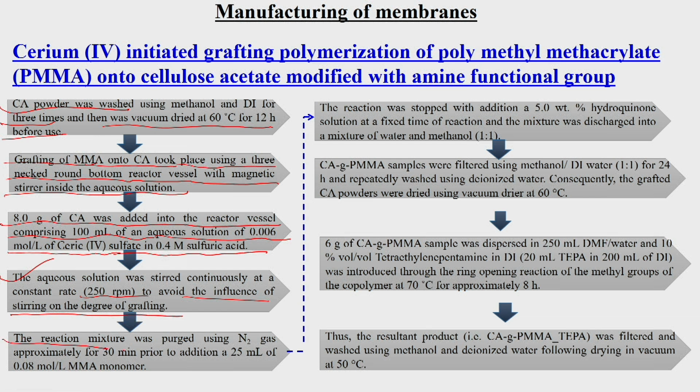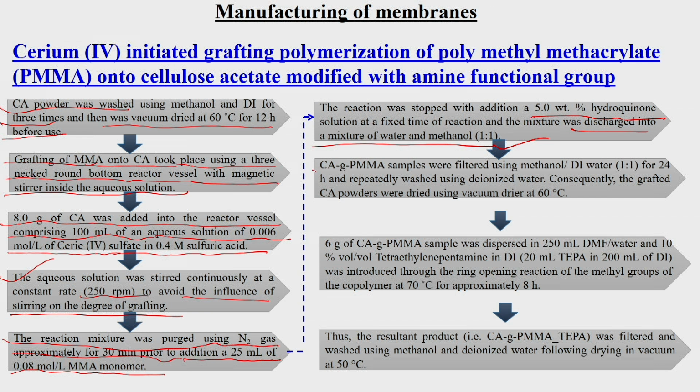Then the reaction mixture was purged using nitrogen gas for approximately 30 minutes prior to the addition of 25 ml of 0.08 mole per liter MMA monomer. Then the reaction was stopped with the addition of 5 weight percent hydroquinone solution at a fixed time of the reaction, and the mixture was discharged into a mixture of water and methanol of 1:1 volume to volume.